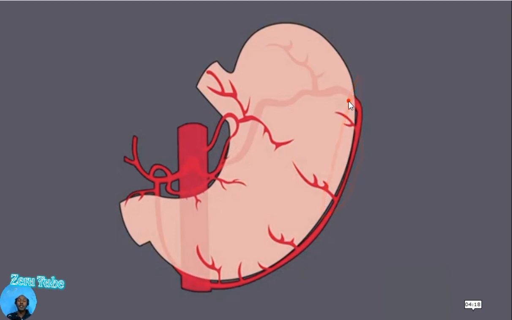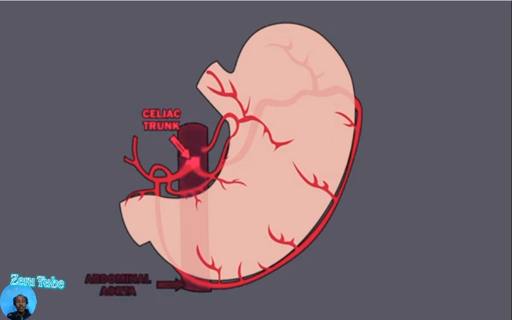It gives blood supply to the left side of the greater curvature. So this is the blood supply from the celiac trunk, and the celiac trunk gives the common hepatic artery. From the common hepatic artery we get different branches to the stomach, as I told you before.